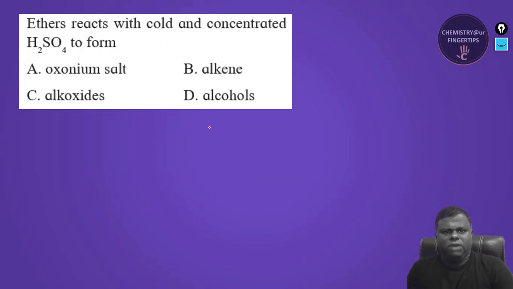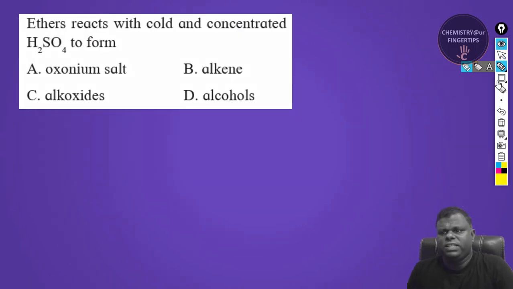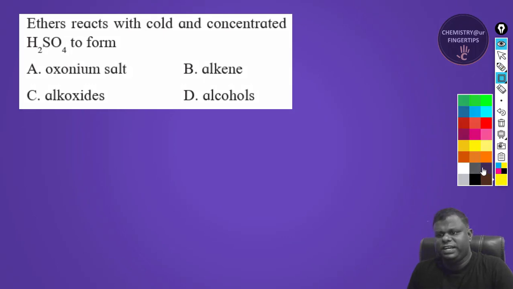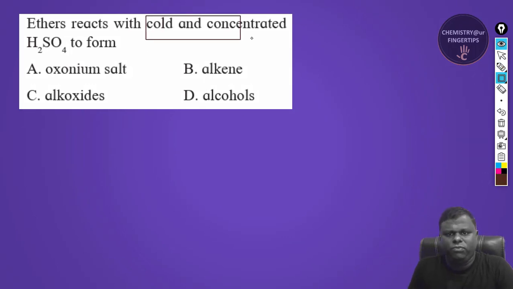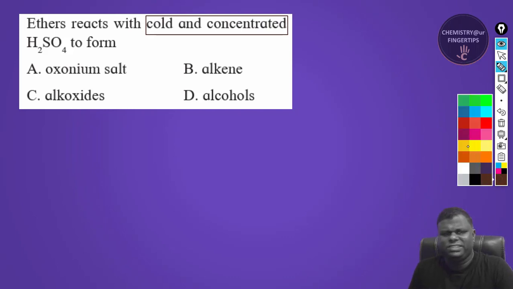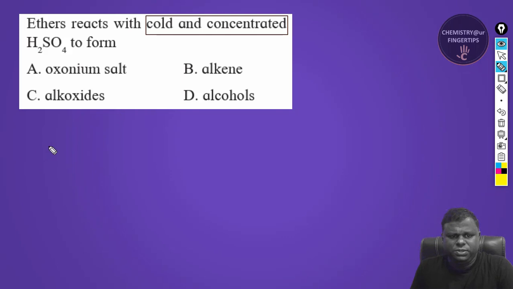Now the next is, ethers react with, you have this keyword, cold and concentrated H2SO4, right? So what exactly could be the answer? You have CH3, then there is this O, then this CH3.